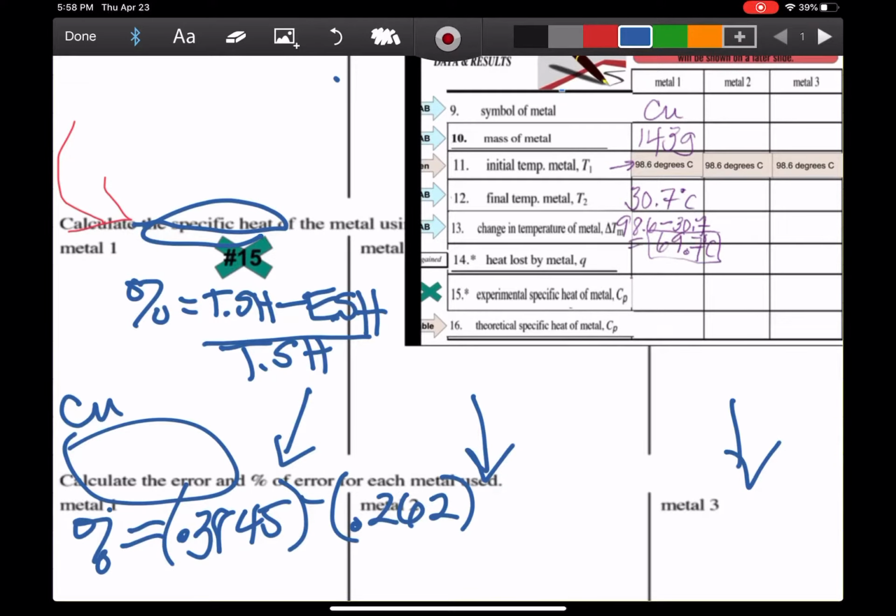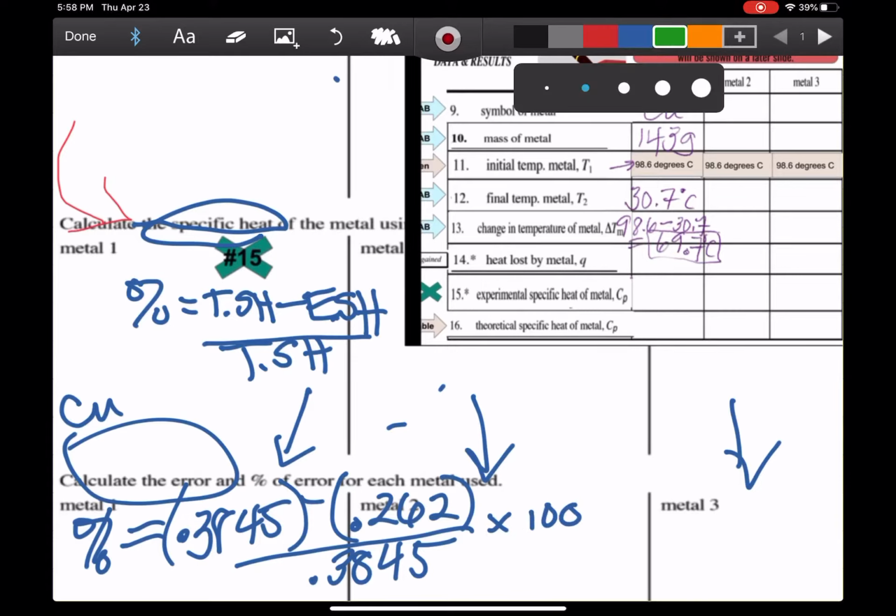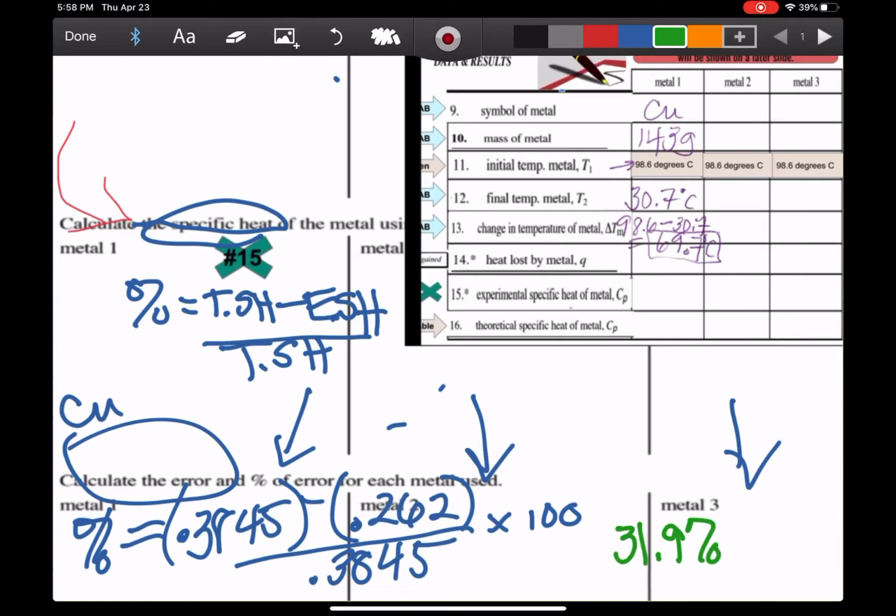So I know this is a little messy, but you're going to do 0.3845 minus 0.262 over 0.3845. And you're going to subtract, and then you're going to divide, and then multiply by 100. And your answer, in this case, for this particular lab, based on your data, would come out to be 31.9%.